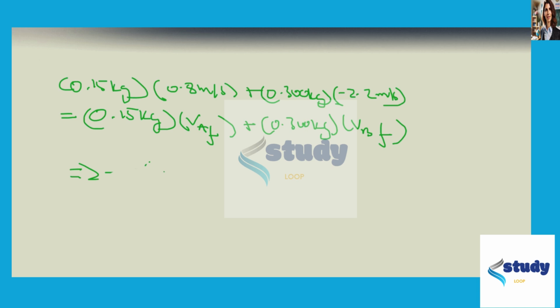0.15 times 0.8, and then minus 0.3 times 2.2. So this is negative 0.54 kilogram meters per second, which is equivalent to 0.15 kilograms.